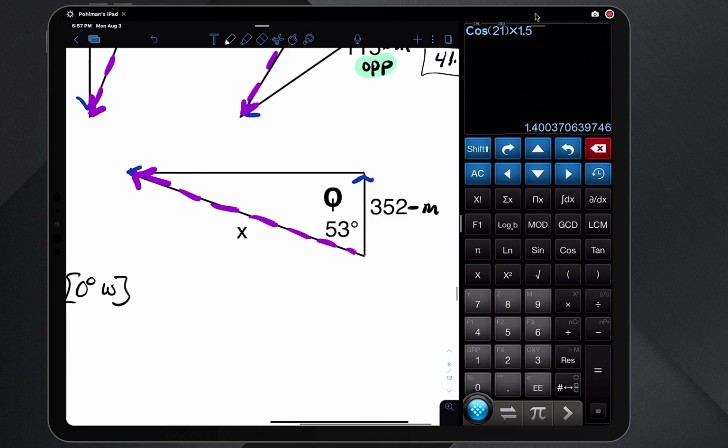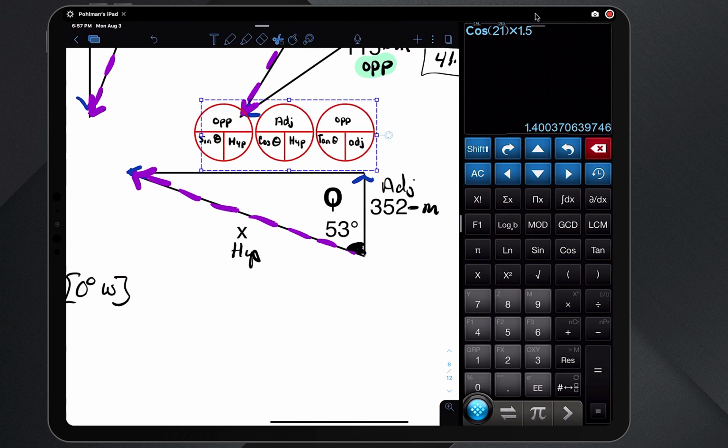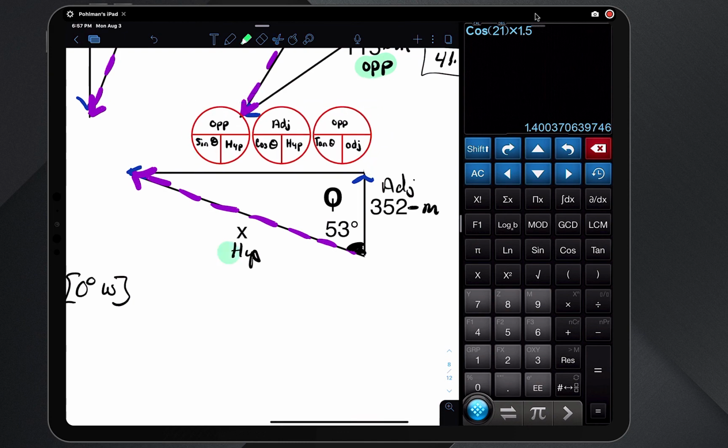Last one here. We have our angle, we have the hypotenuse here, and then we have the adjacent side over here. From my list, which one has the hypotenuse and adjacent? Adjacent hypotenuse, I'm working with cosine. I'm trying to find the hypotenuse, so I'm going to scribble it out.